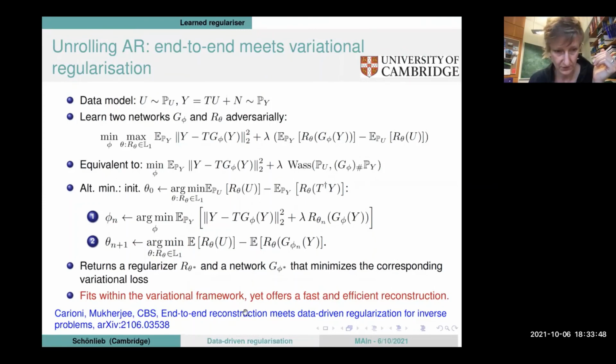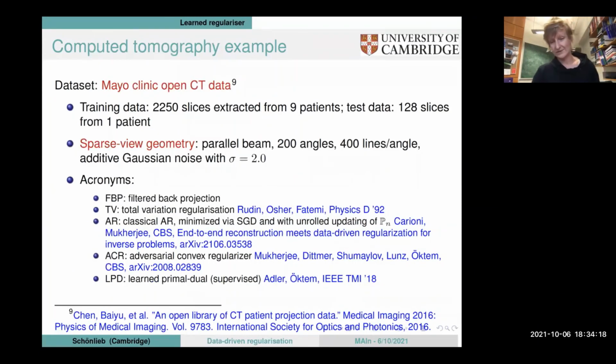Here we are updating the adversarial regularizer and making it better. This is nice, and we also get, along the way, a generator network that also solves the problem, which means eventually we can decide not to solve the variational model in the end, but use the generator network to solve it, because we trained it at the same time. Okay, results, and then I finish.